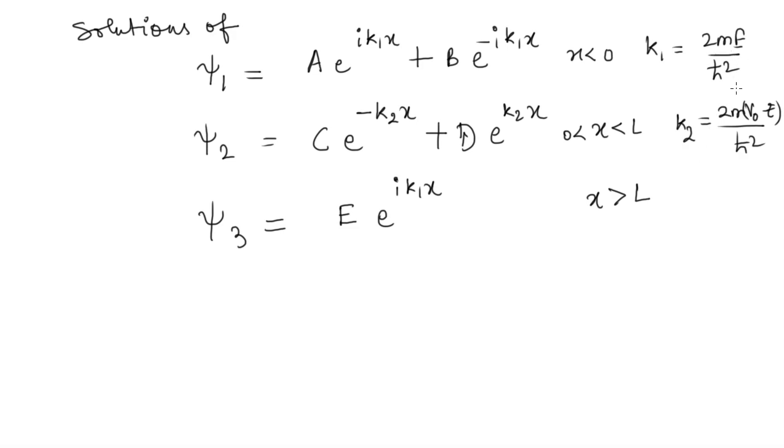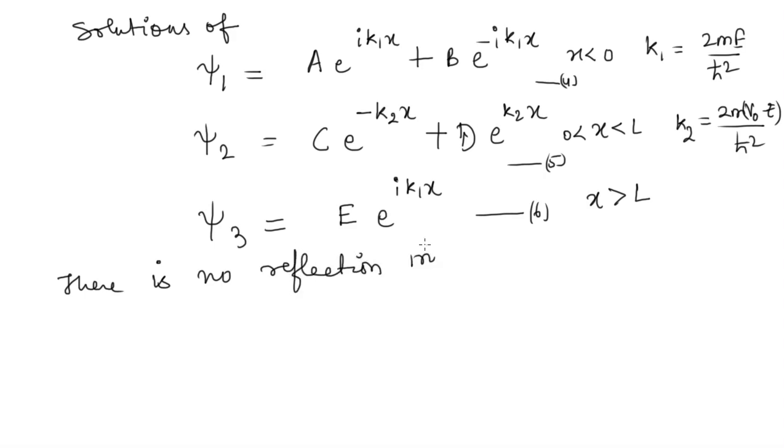Now you all know that at the boundaries the wave function and its derivatives are continuous. These are equations 4, 5 and 6. Now applying the boundary conditions, here there is no reflection in region 3, so there is no term of minus i k x.